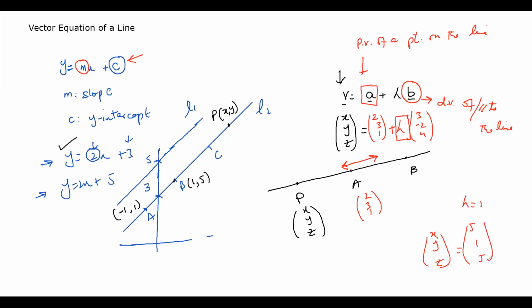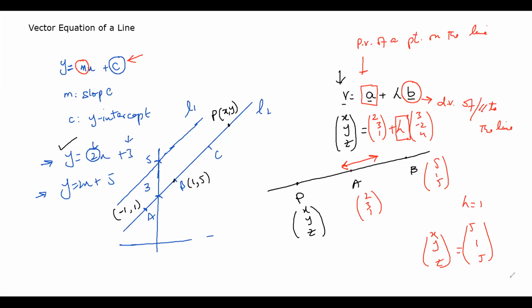So this can be the coordinates of a point, like this B can be the point 5, 1, 3 over here, okay? If you put different values of lambda, you will be getting different points on this line.